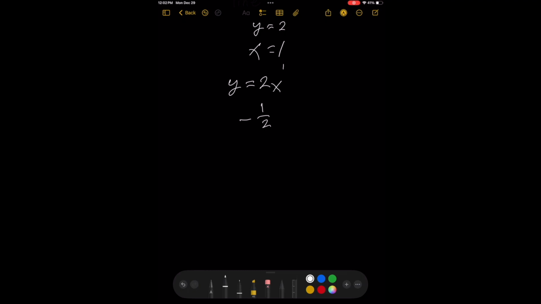So what you do is you take the reciprocal of 2, and then you multiply it by negative 1. The reason it didn't work in my previous example is because, well, it did work. It's just my drawing is bad, and I don't have good scaling. Whatever. But that's the rule for perpendicular and parallel lines.